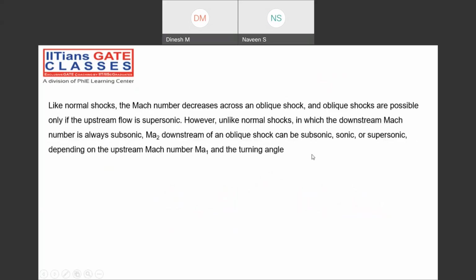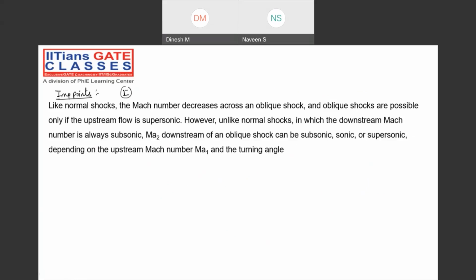So note an important point, very, very important, I would say. Like the normal shock, the Mach number decreases across the oblique shock, and oblique shocks are possible only if the upstream flow is supersonic. What is the meaning of statement number 1?